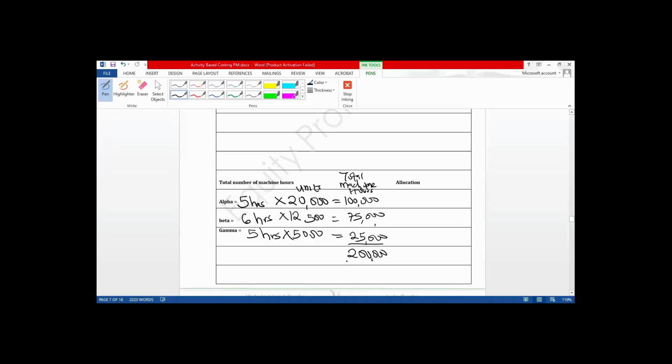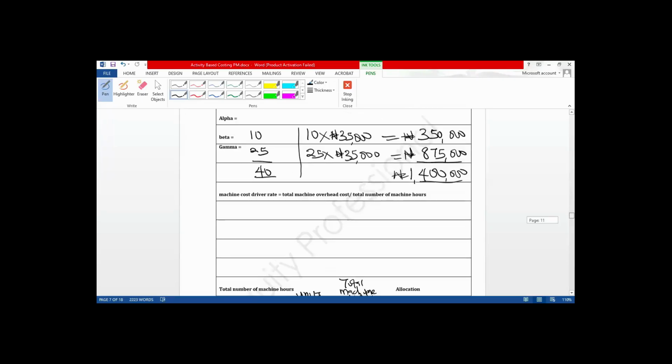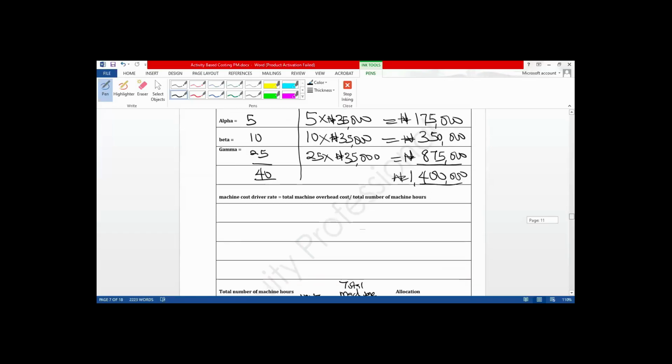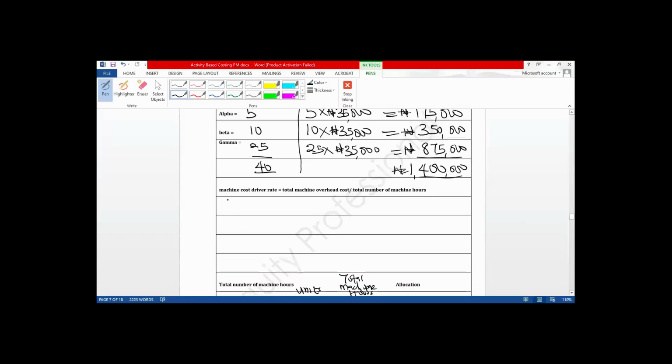You can see that machine is tied to machine hour, which is tied to units. You can now return here. Machine cost driver rate is equal to total overhead of machine, 9 million naira, divided by total machine hour, 200,000. Please divide.